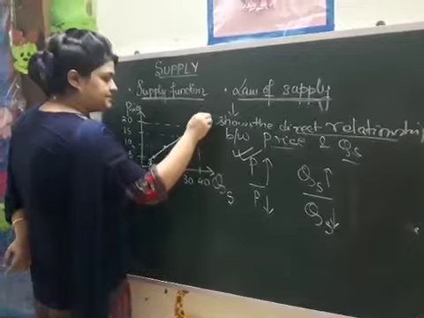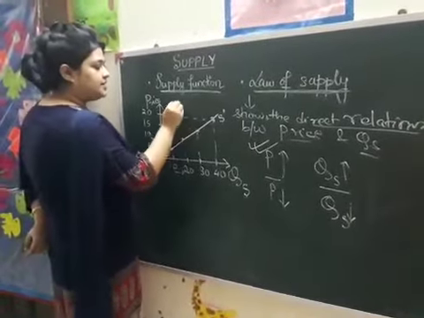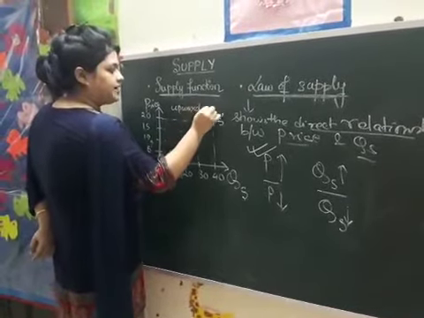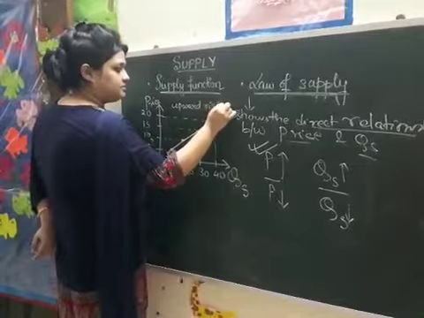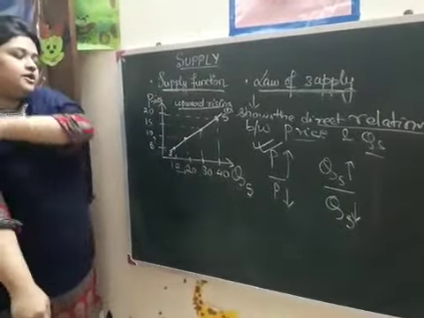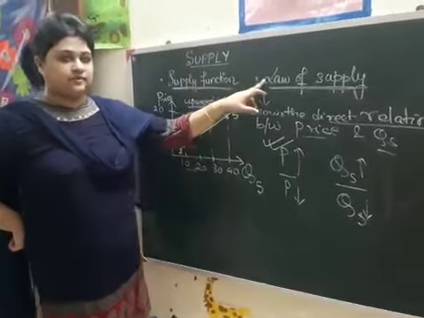I am naming it S dash. So how does the supply curve look? It looks like an upward rising curve. So the drawing of the supply curve has been achieved from the law of supply.